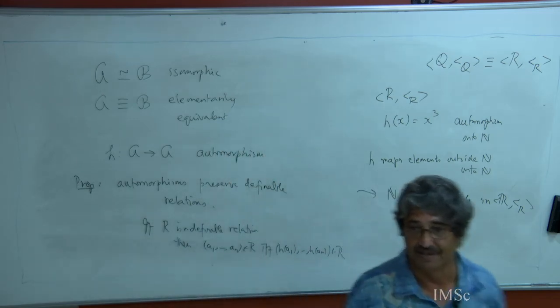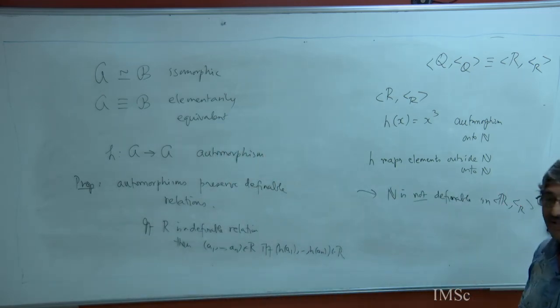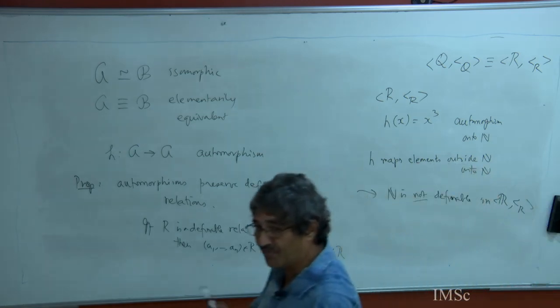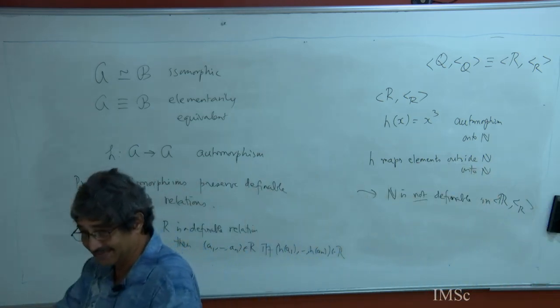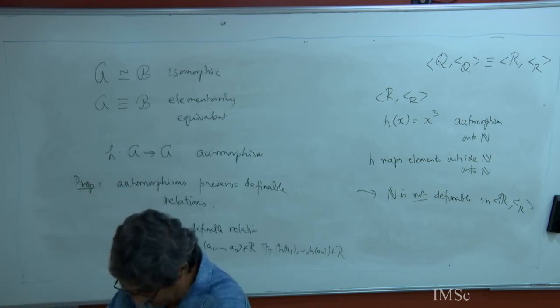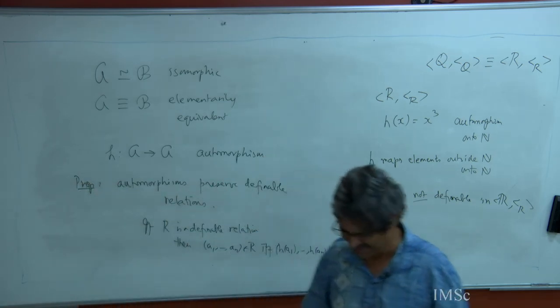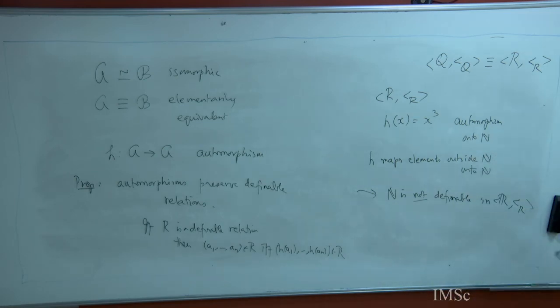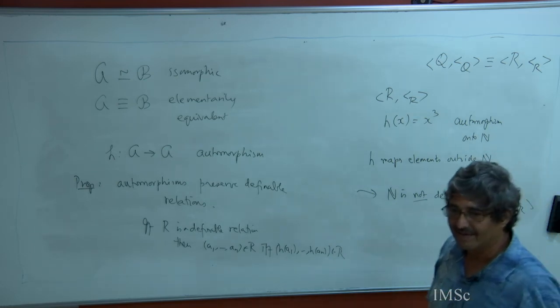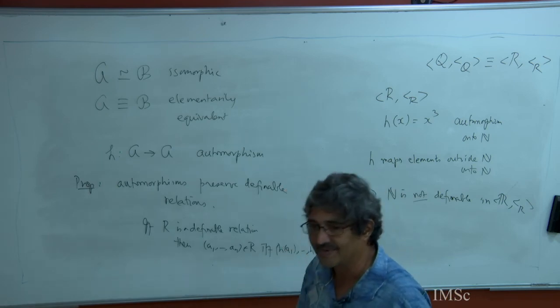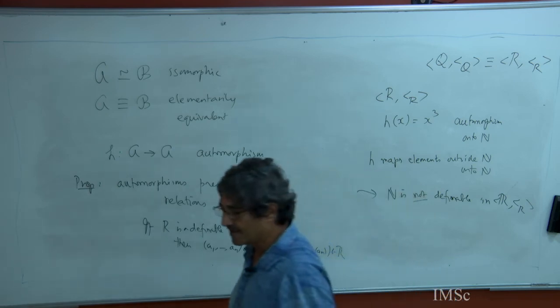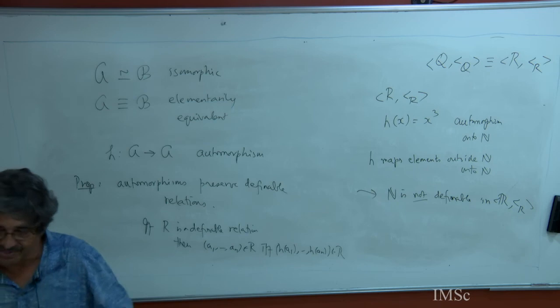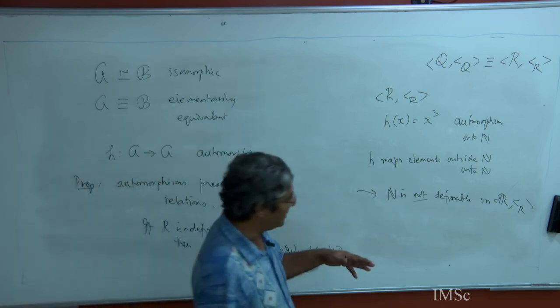This was one of the early and important things in this area, because Tarski proved that real arithmetic is decidable, and so if natural numbers were definable, then you would get a decision procedure for arithmetic as well, which you can't, as Gödel showed.